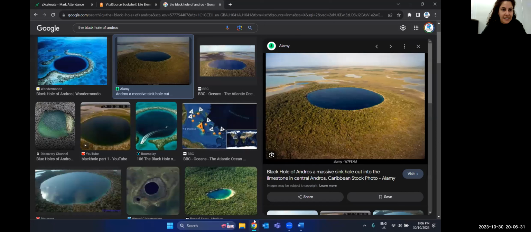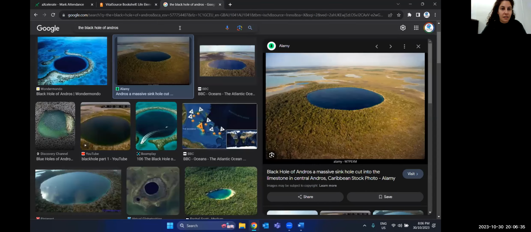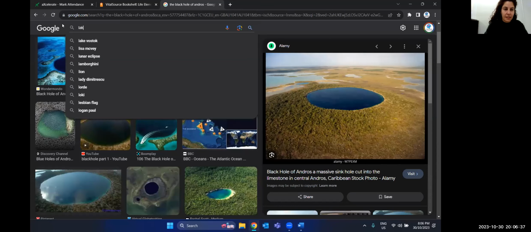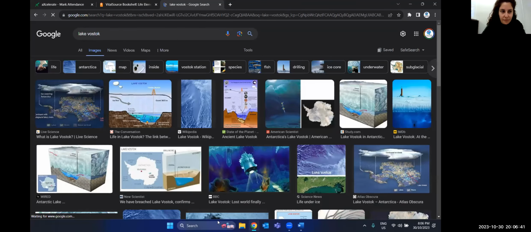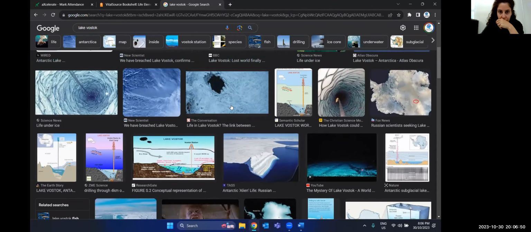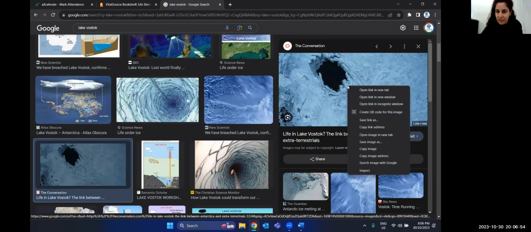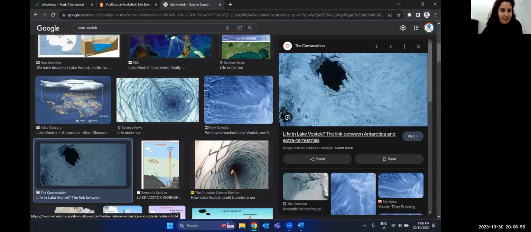The second place that we're looking at is Lake Vostok. Yeah, so it's a lake somewhere in Antarctica.